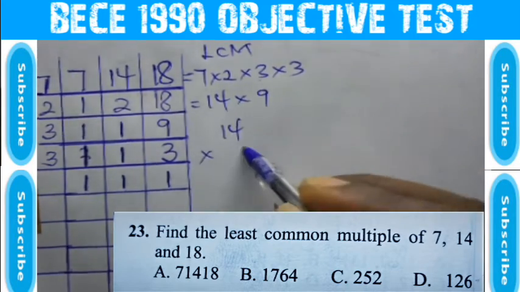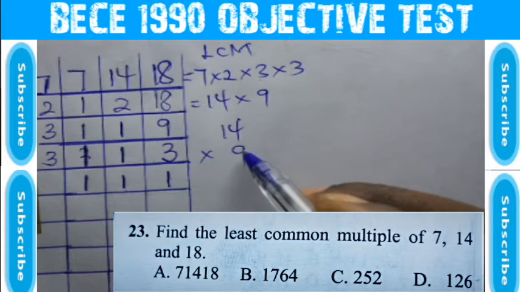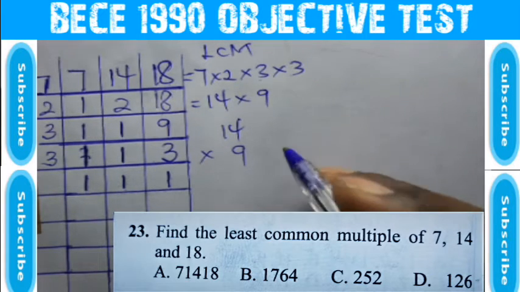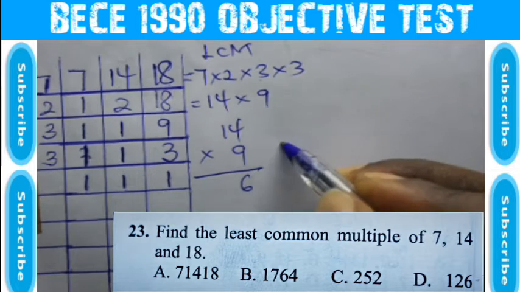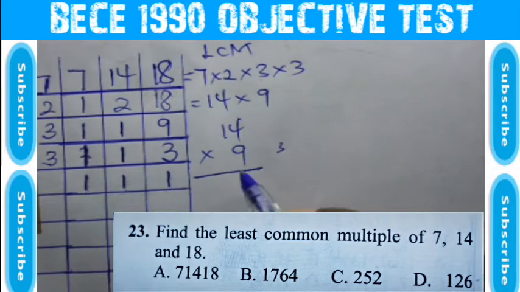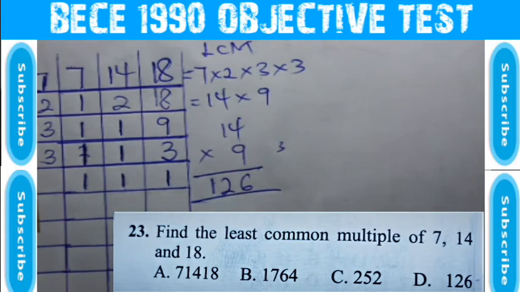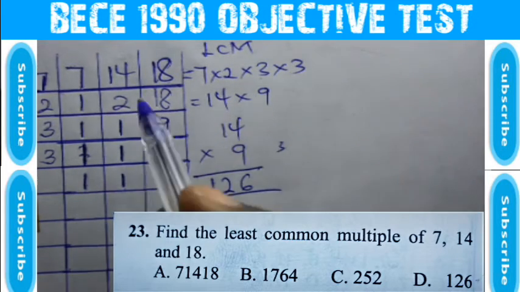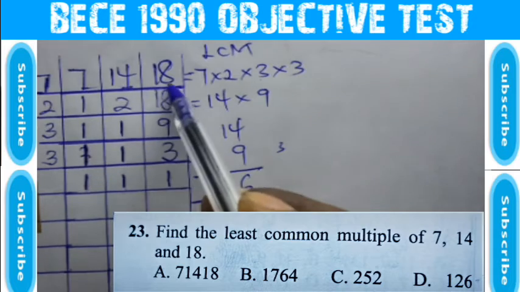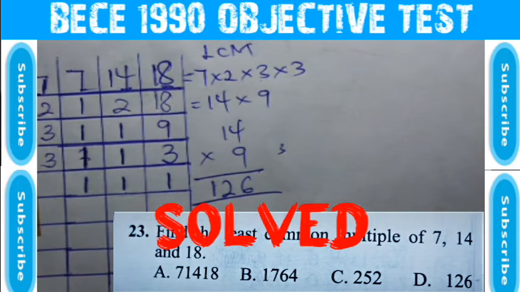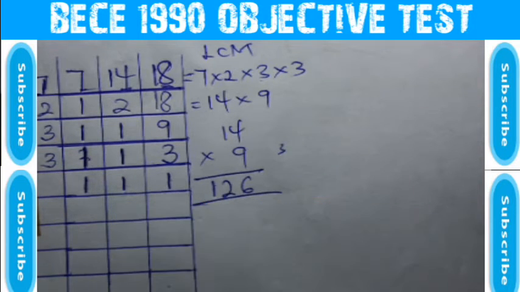So 14 multiplied by 9. 4 times 9 will give us 36, so we write 6 remainder 3. 9 times 1 will give us 9 plus 3 will give us 12. So 126. So the LCM for 7, 14, and 18 will be 126. And we are done for question 23.